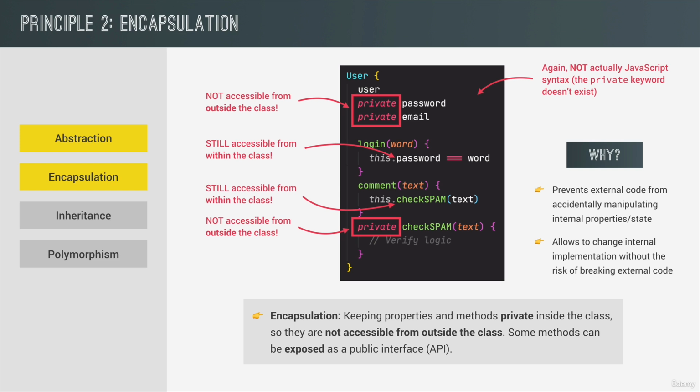For example, if the check spam method was public, then it could be used anywhere in our code. And if we then change the implementation of the method, it might break that code that is relying on it. So again, this helps avoiding bugs and also spaghetti code. And really, this is not just some theory, this is a real practical scenario.